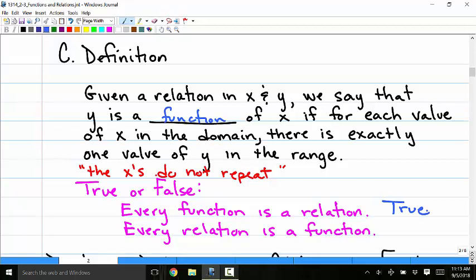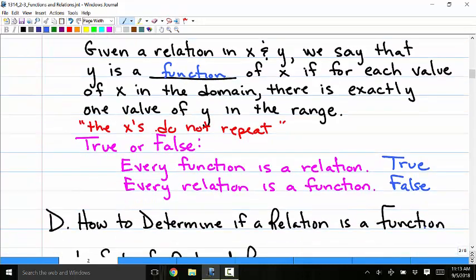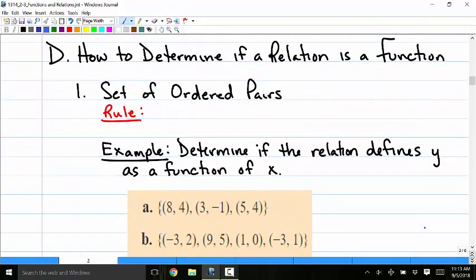Second question, every relation is a function. That one is false. So the question is, if I give you a relation, is it a function? So here we go. How to determine if a relation is a function.